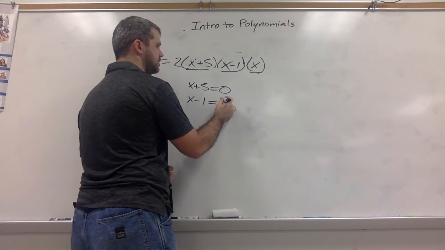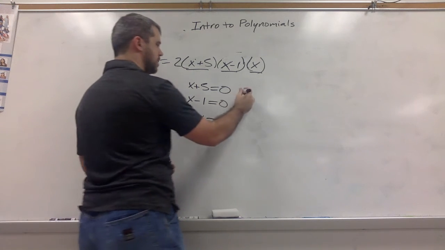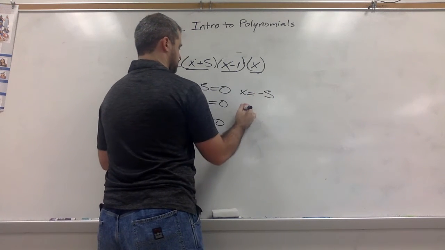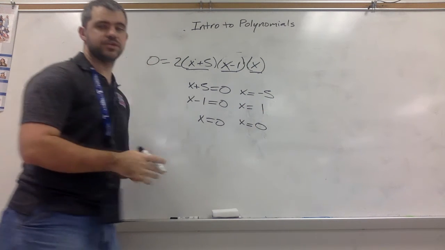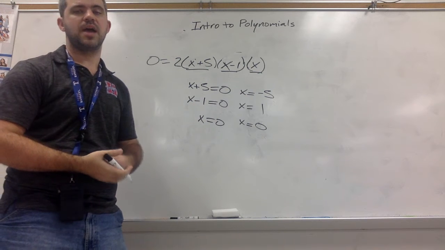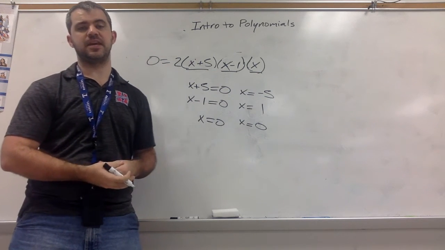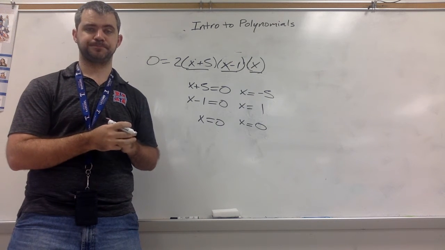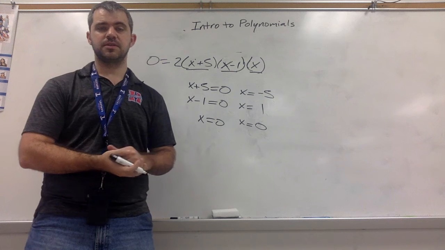We learned that earlier this year. So my roots are x equals -5, x equals 1, and x equals 0. And it's really, really easy to see from this form.